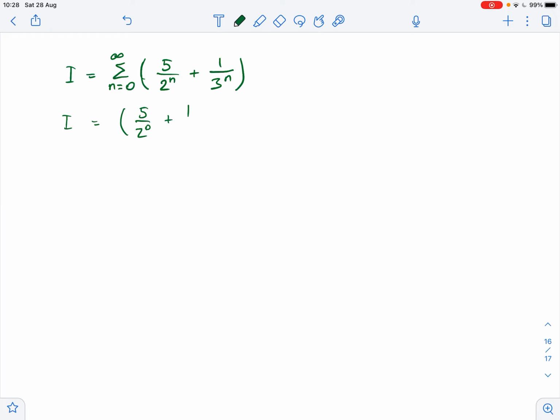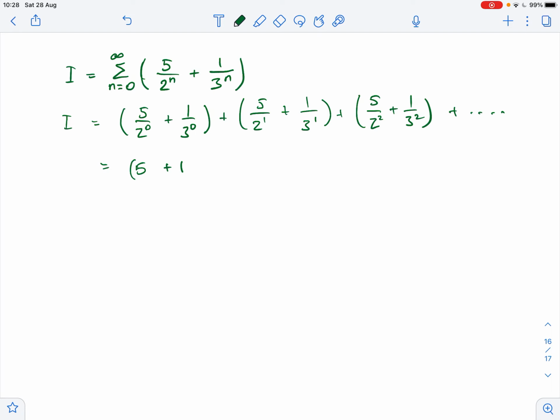5 over 2 to the power of 0 plus 1 over 3 to the power of 0, plus 5 over 2 to the first power plus 1 over 3 to the first power, plus 5 over 2 squared plus 1 over 3 squared, and so on.